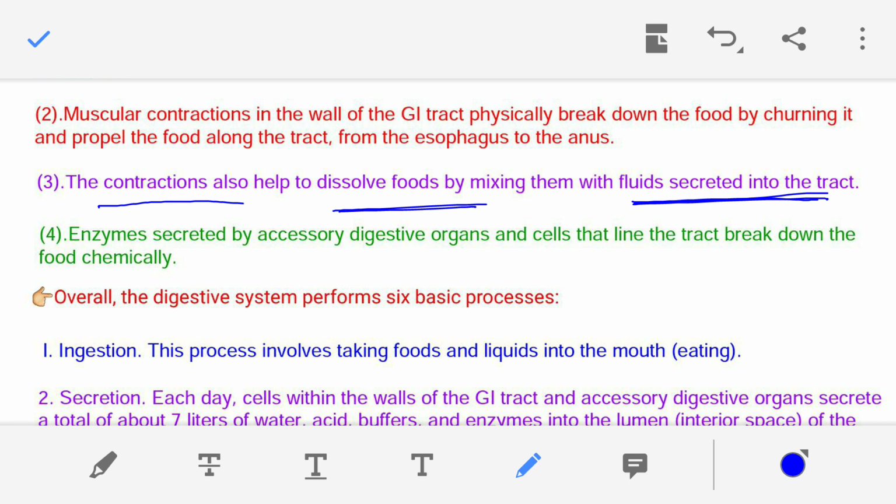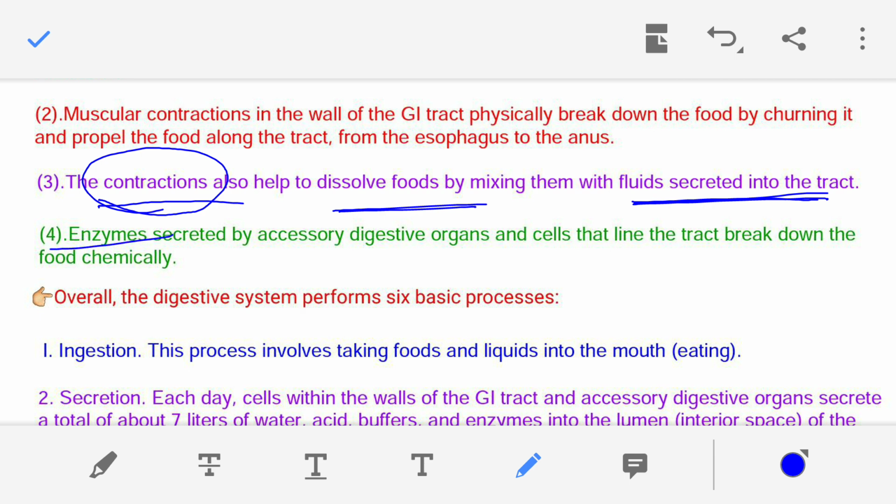For example, the gastric juice, or the bile, or the pancreatic juice, or the intestinal juice. So all these juices which have the enzymes for the digestion mix up with the food, with the help of contractions of the GI tract.